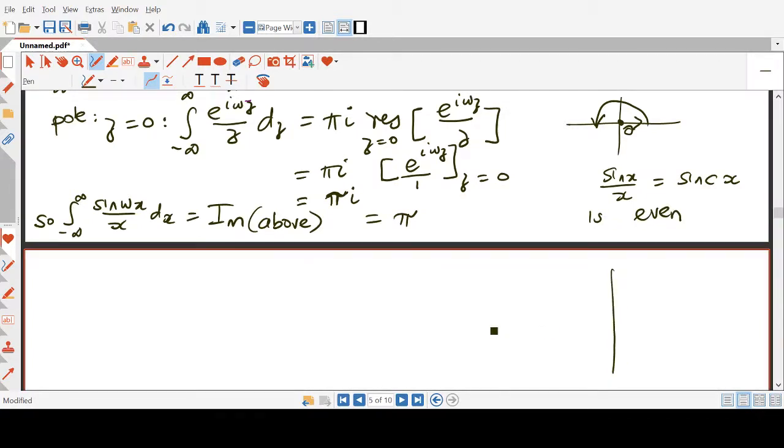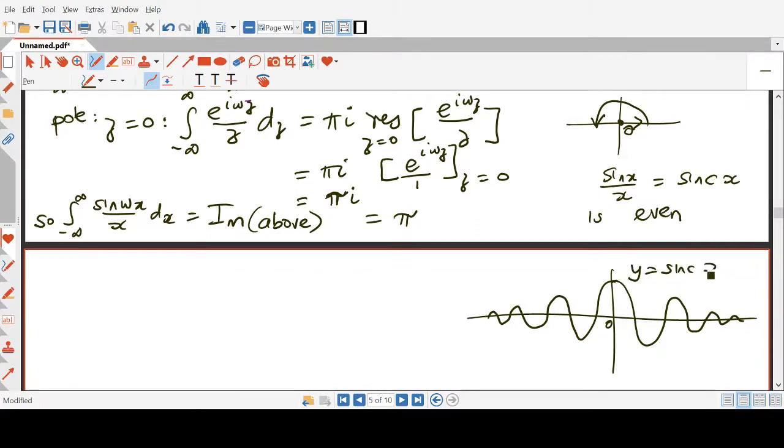And if you draw sine x over x, at 0 it's 1. It'll be like that. That's sine x over x, y equals to sinc x. This is 1. We know this from first year calculus. The limit as x approaches 0 of sine x over x is 1.